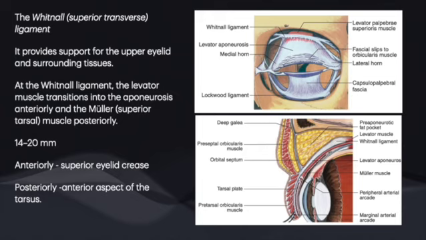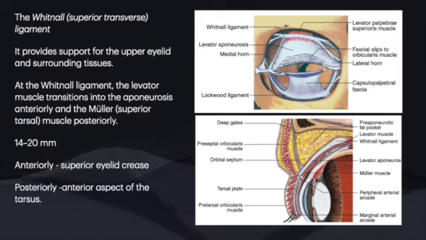Okay, the Whitnall's ligament is also where the levator muscle's anterior posterior vector changes to superior inferior, which I told in the previous slide. Now, the levator aponeurosis, the tendon of the levator muscle, is around 14 to 20 mm in length, and it is having many attachments to the eyelid and surrounding orbit.